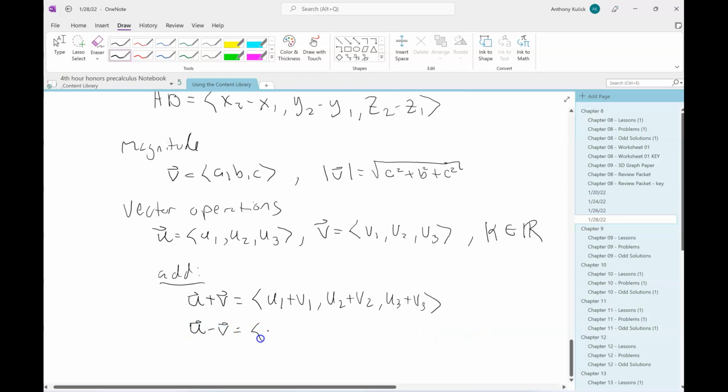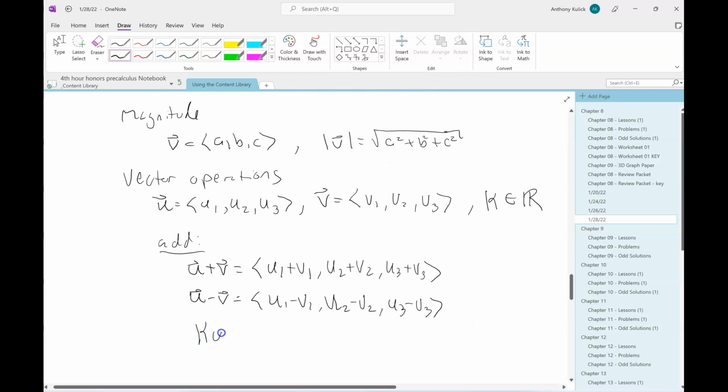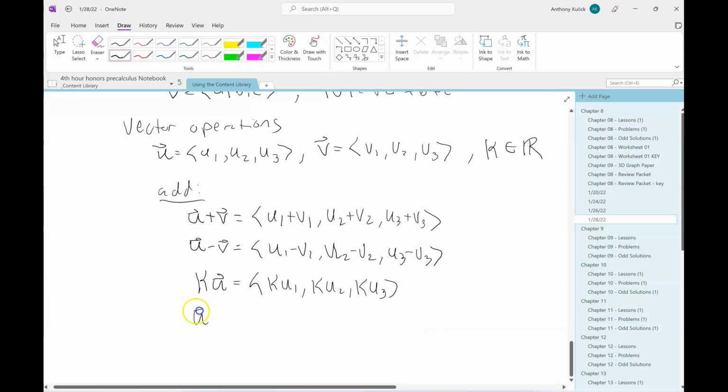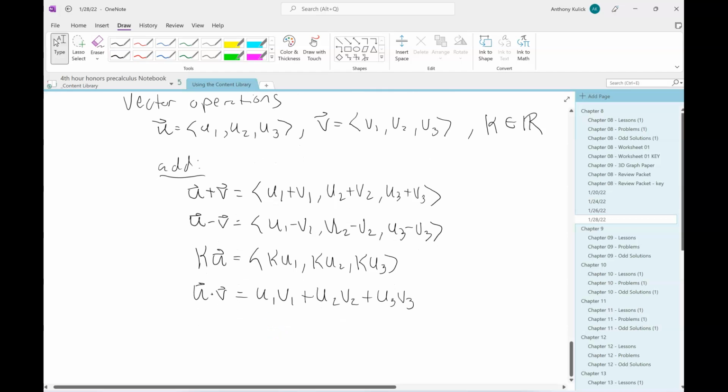Subtraction, same idea: u1 minus v1, u2 minus v2, u3 minus v3. And scalar multiplication, k times u is just k times u1, k times u2, k times u3. And the dot product, again, same idea: u1 times v1 plus u2 times v2 plus u3 times v3. Nothing different.